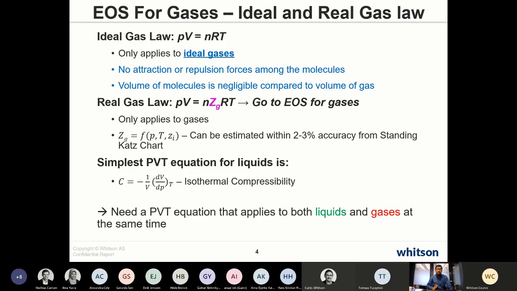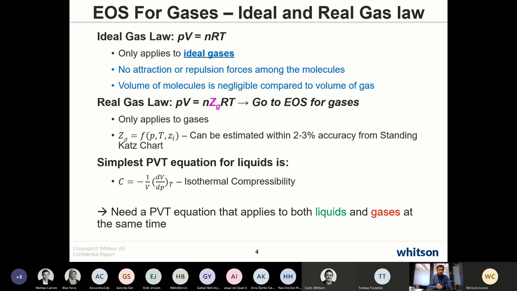So the gas Z factor is the fundamental property in describing the phase behavior of gases. For the liquids, we only have the PVT equation, the isothermal compressibility, describing the single-phase pressure, volume, and temperature relationship for liquids.